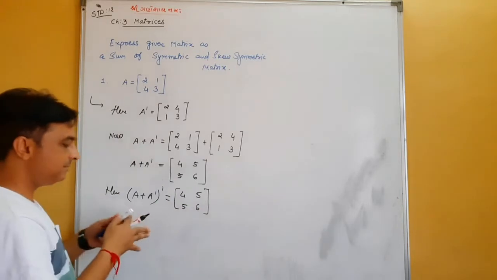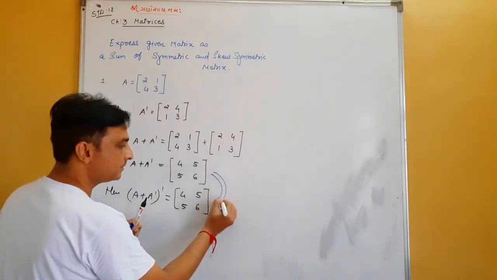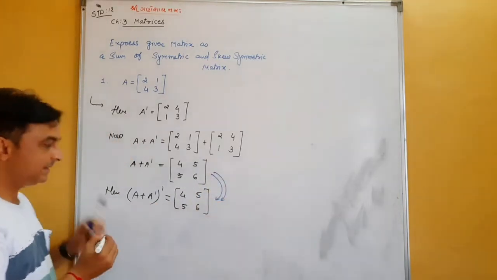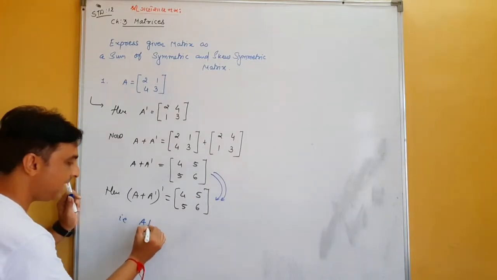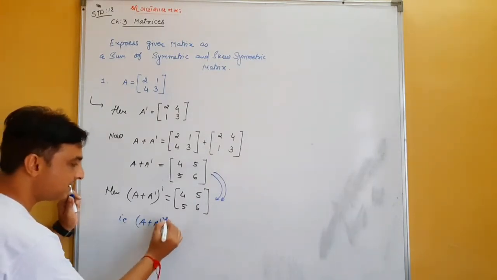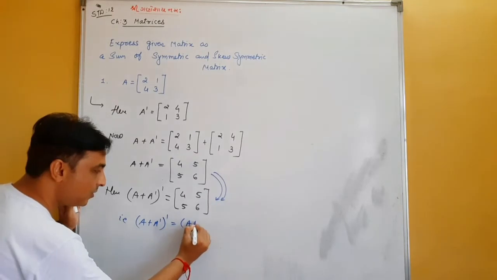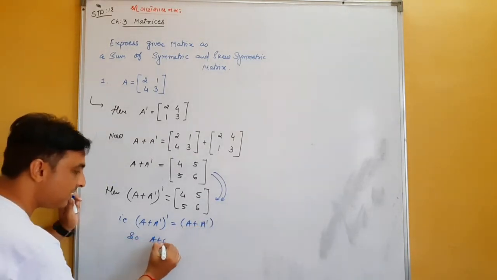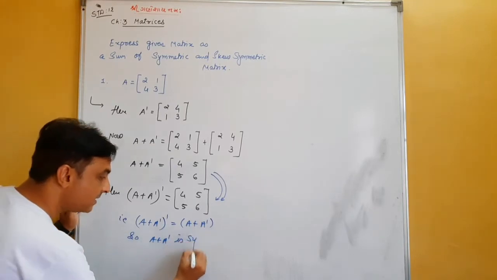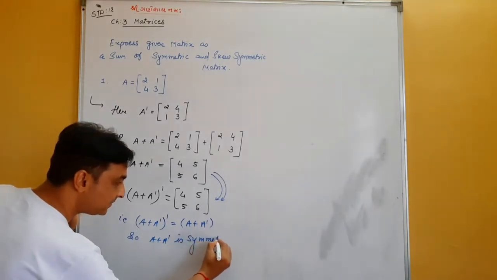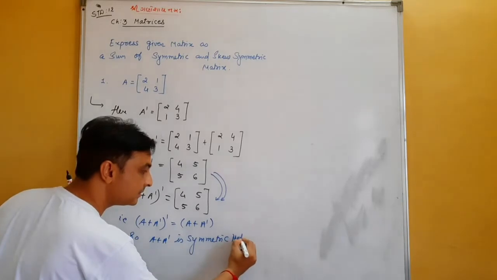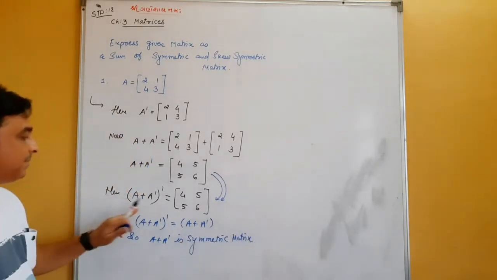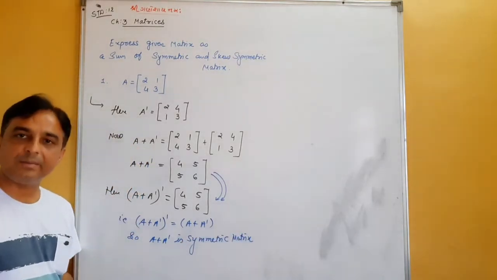See, both are the same. That means (A plus A')' is equal to A plus A'. So A plus A' is a symmetric matrix.